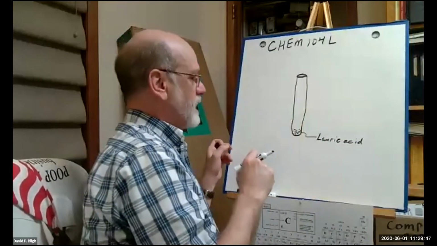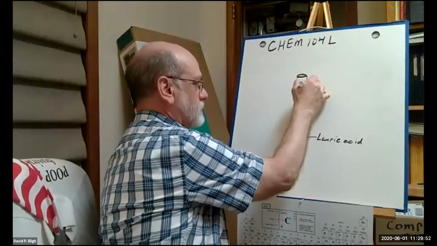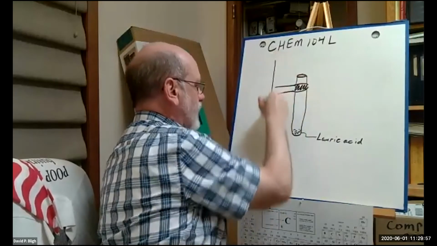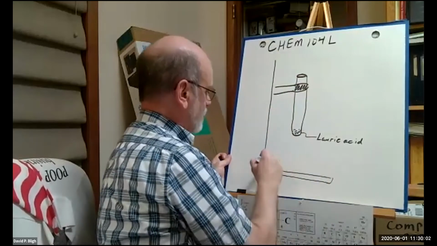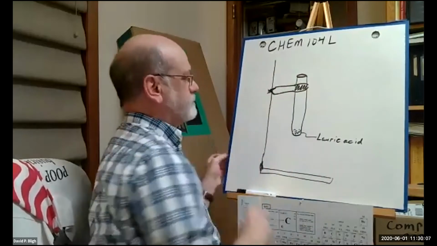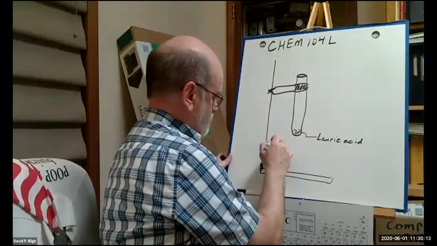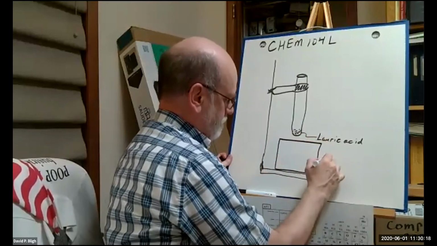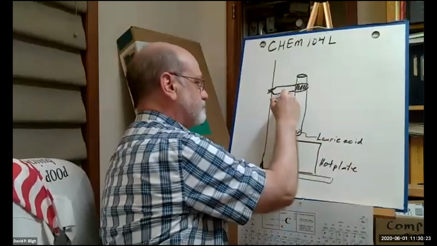All right? Now where does it go? Well, we have a clamp around it, right? It goes over here to our ring stand. There's our ring stand and our clamp holding our tube. Now we have a hot plate. And we have a beaker.